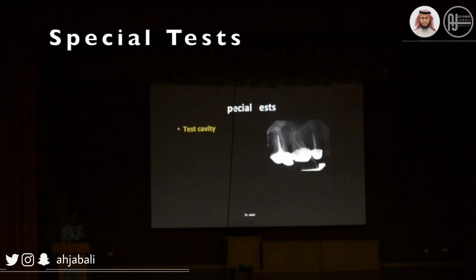So also there are some special tests that we need to use if we cannot get proper diagnosis before we start the treatment. One of the special tests is test cavity. We call it test cavity if there is no lesion around the tooth, like in this case.